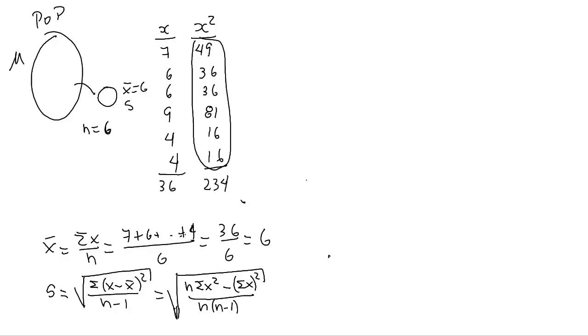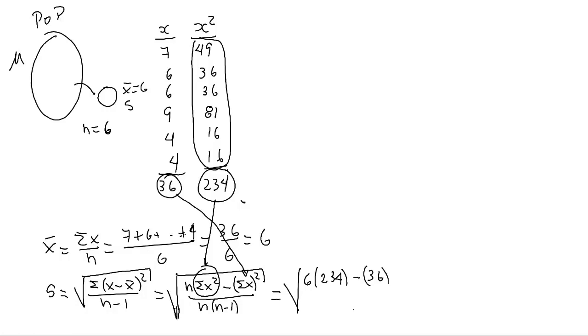Then we are going to substitute the sum of all x squared here and the sum of all x here, but we need to square this quantity. n is 6. The sum of all x squared is 234, minus the sum of all x, which is 36, squared, divided by n times n minus 1, which is 5.